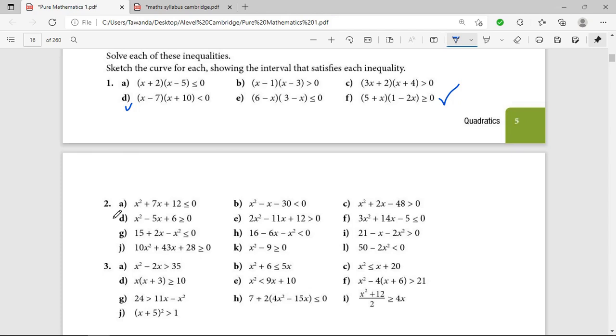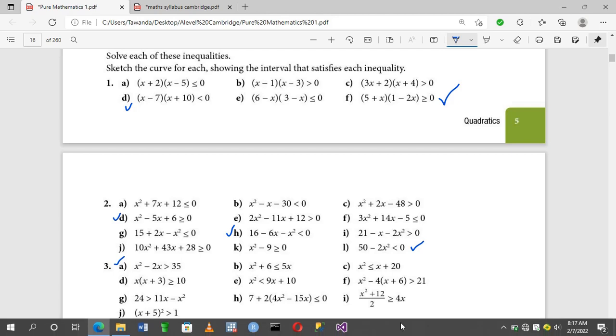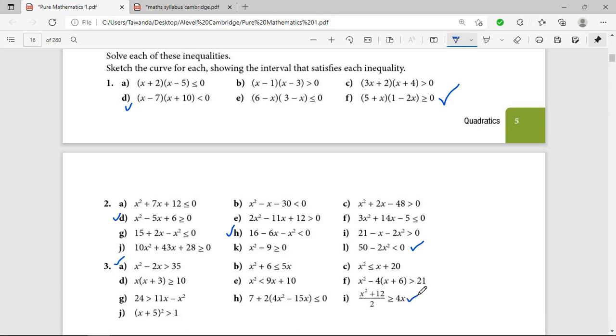For number 2, you do number 2D, 2H, and 2L. And number 3, you do number 3A. For number 3, you have to take everything to one side. That is the hint. It will be x squared minus 2x minus 35 is greater than 0. Then after that, you factorize or you find your critical values. So number 3A and number 3I. So this is the work you have to do today.